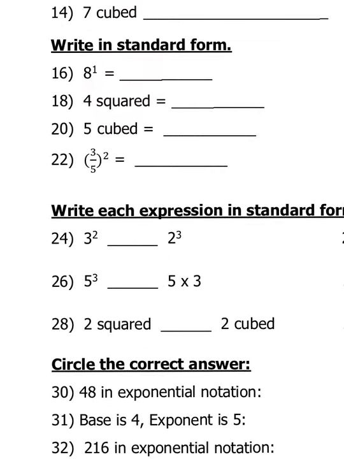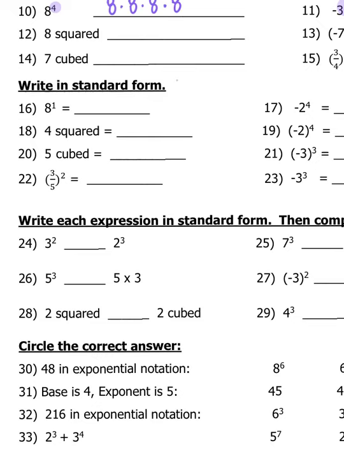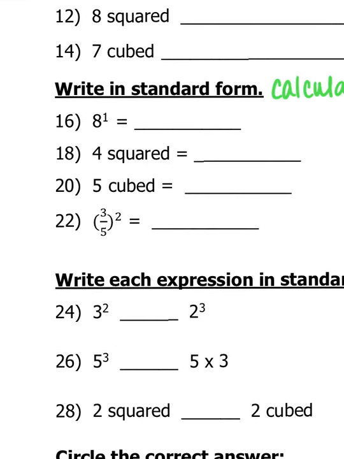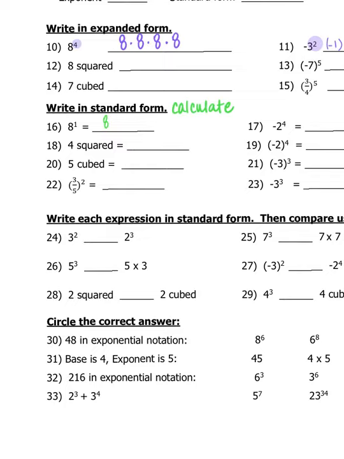So then the next part says to write it in standard form. And again, standard form means you just calculate. So you're going to put this in your calculator. So 8 to the 1, that just means 8 by itself, because we're not multiplying it by anything else. It's just 8 one time.